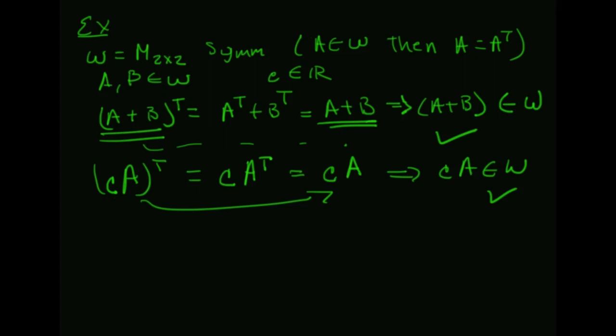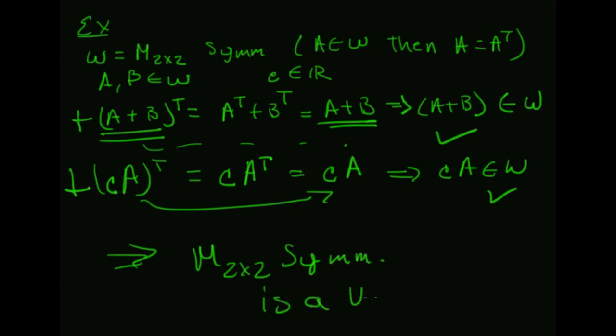Being closed under addition and closed under scalar multiplication implies that the set M of 2 by 2 symmetric matrices is a vector subspace. All right, so that's good news.